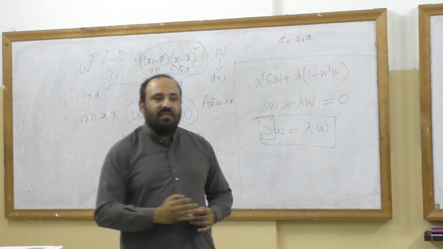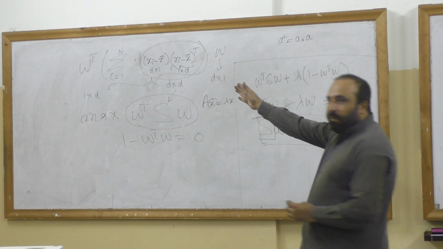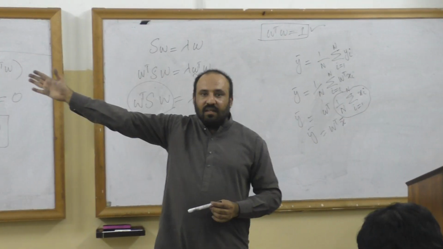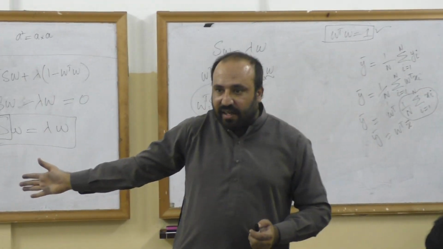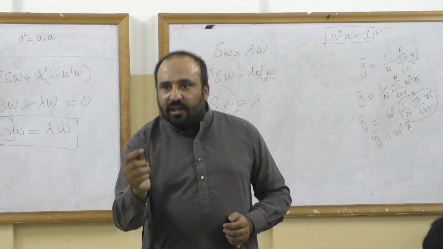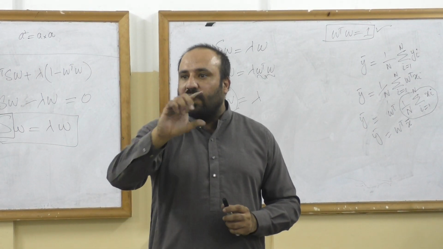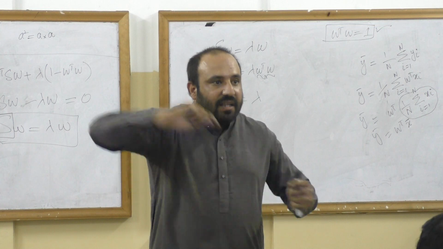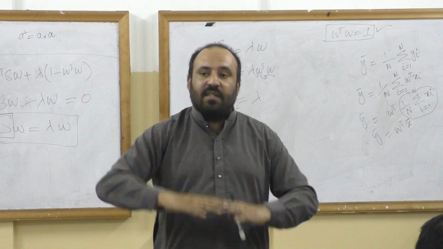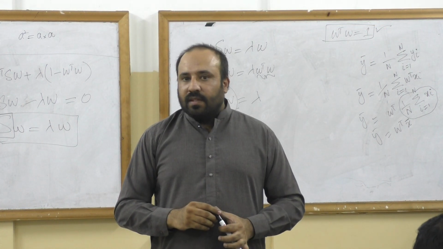So the algorithm is the following: make this matrix S, compute its eigenvalues and vectors, pick the top eigenvalue in descending order, and corresponding to that eigenvalue, whatever the vector is, that is the one-dimensional subspace in which your projection is the best. Right?